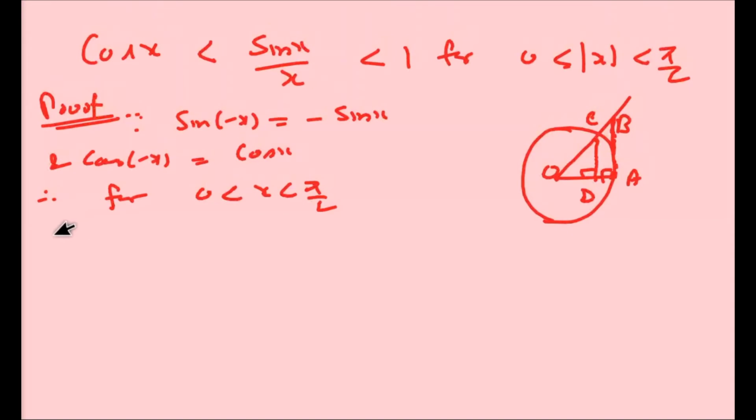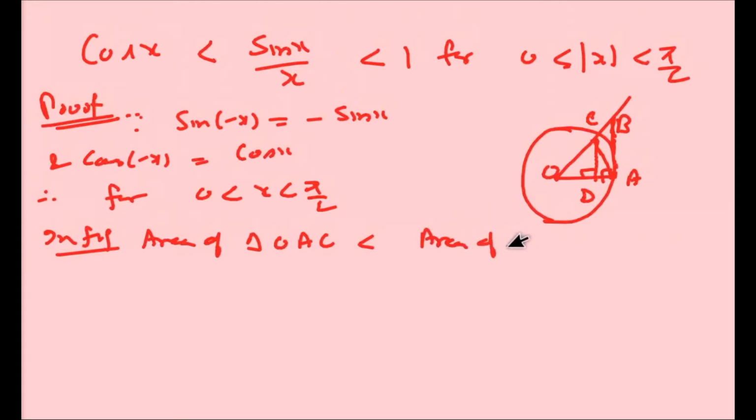Now in the figure we can see that the area of triangle OAC, let's join here, half into base into height, base is OA, height is CD, will be in the figure less than the area of sector OAC.